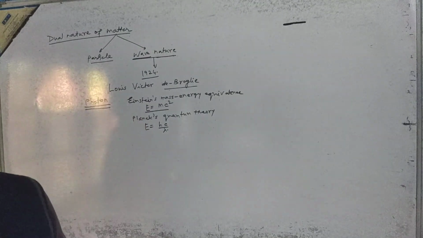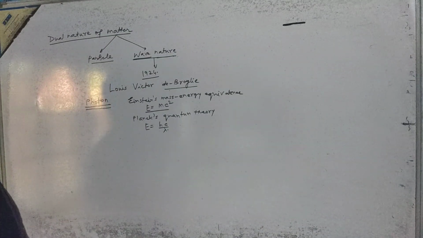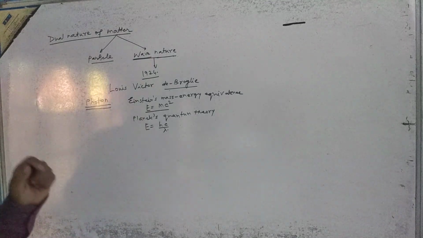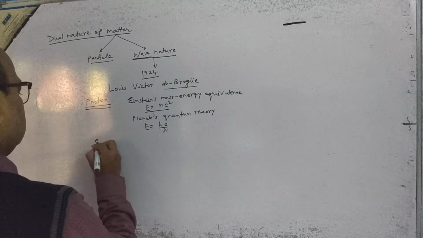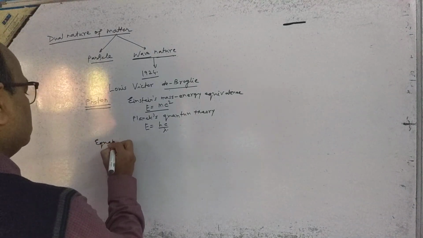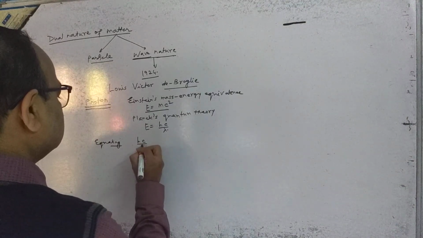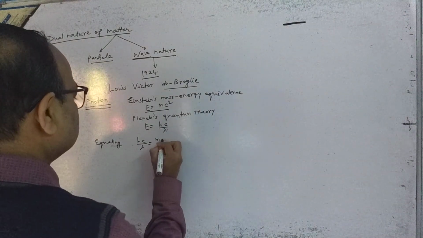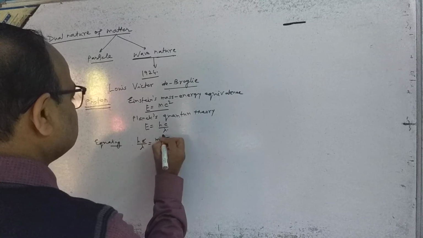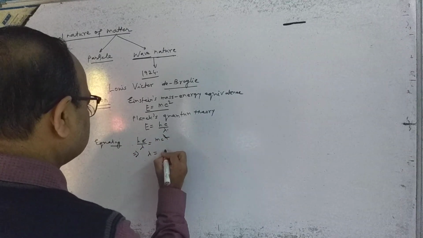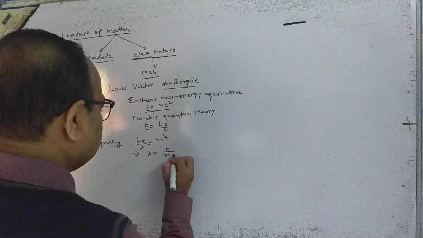So if we equate these two, what shall we get? hc/λ = mc². C and c cancel, which implies λ = h/(mc).